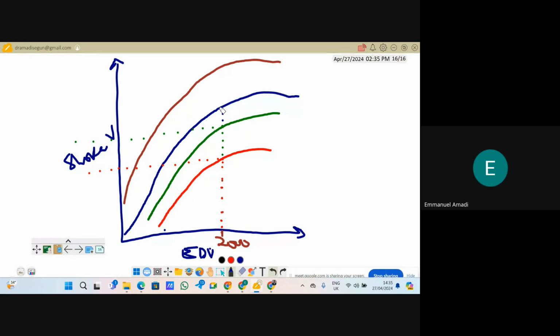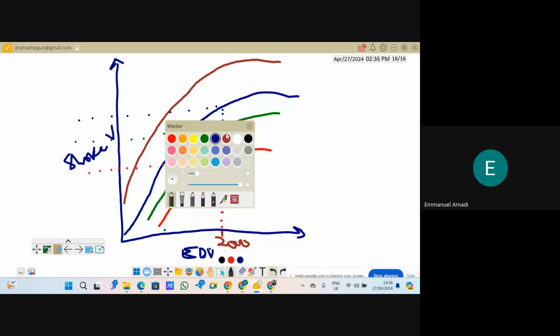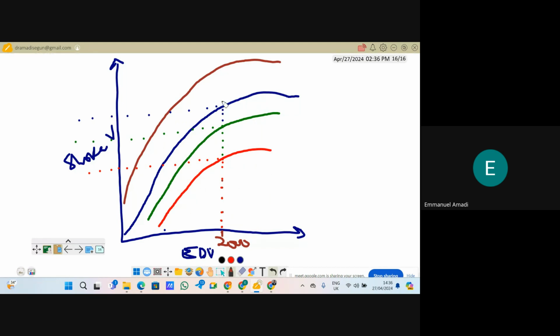You can see this is where the stroke volume of the blue is. Now, let us trace the brown from the 2000. This is where it is. That is the highest.